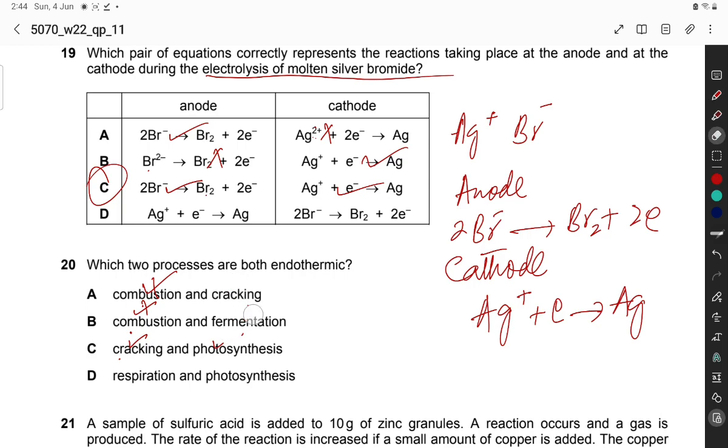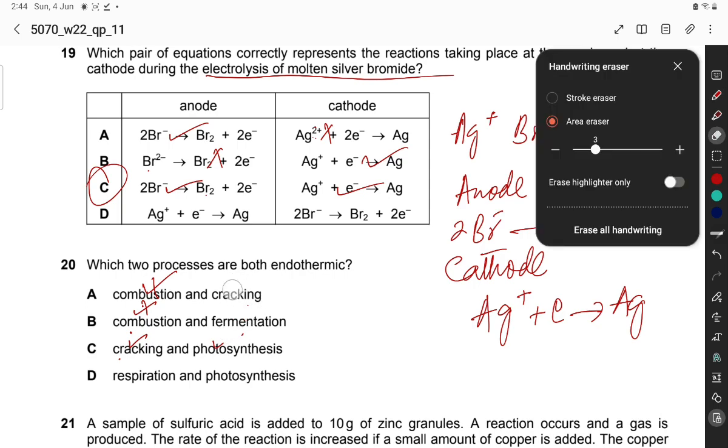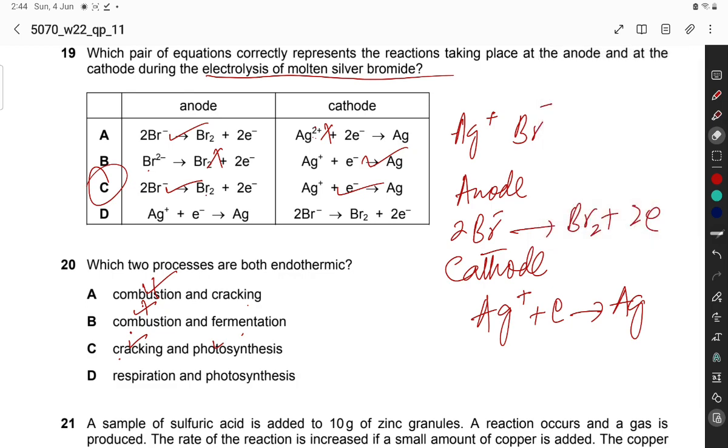Sorry, cracking is endothermic, fermentation is exothermic. So cracking is endothermic, photosynthesis is endothermic, so C option is correct. Respiration is exothermic, so this is also incorrect.